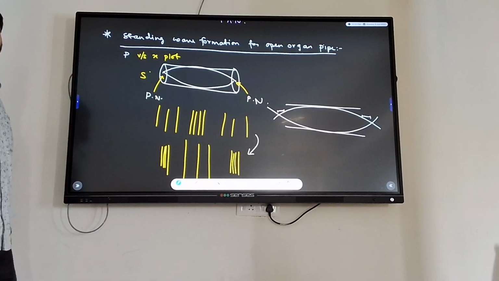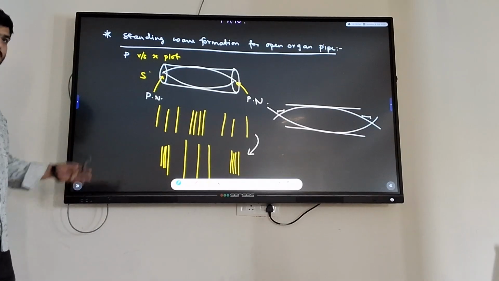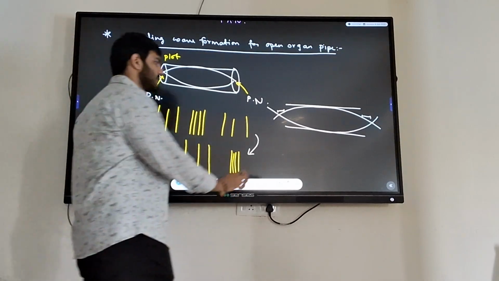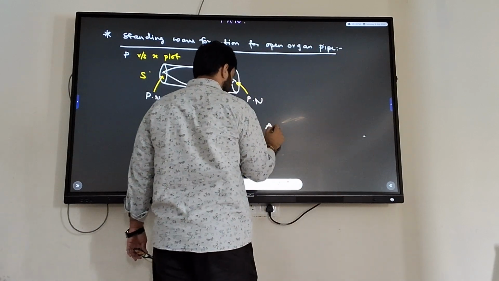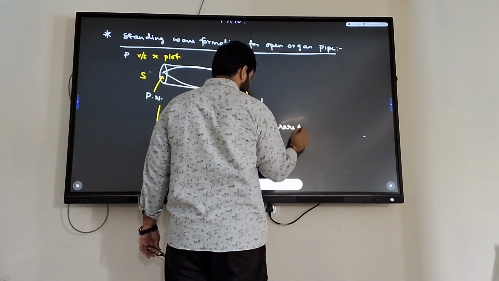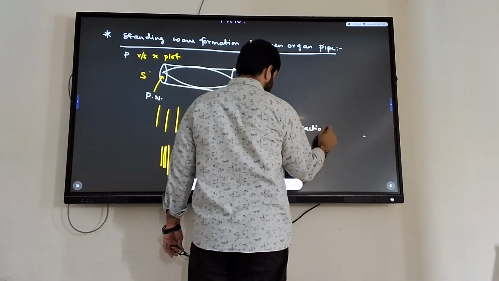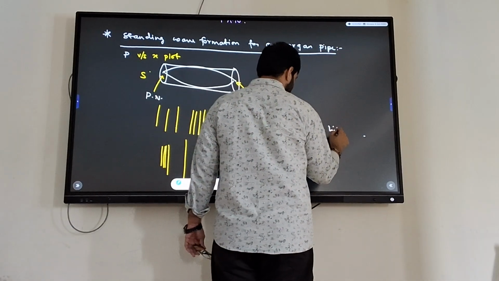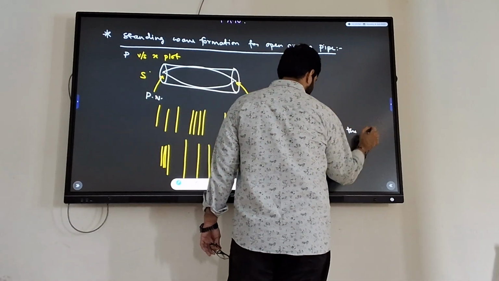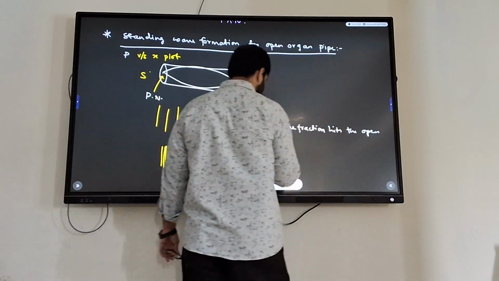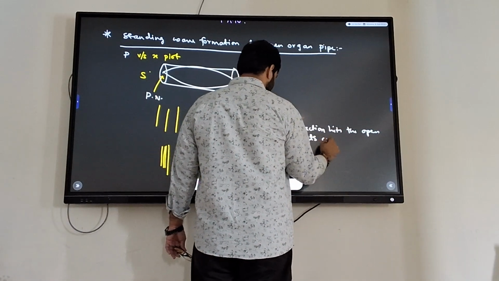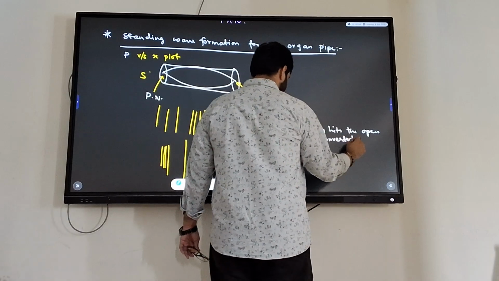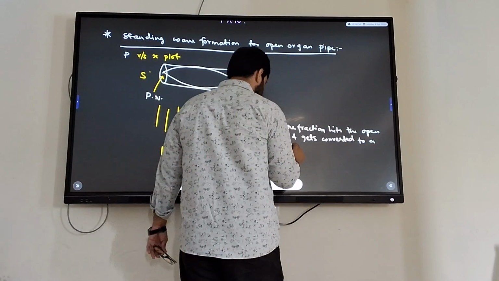So even when a sound wave hits the open surface, a standing wave will be formed. So a rarefaction hits the open end and gets converted to a compression.